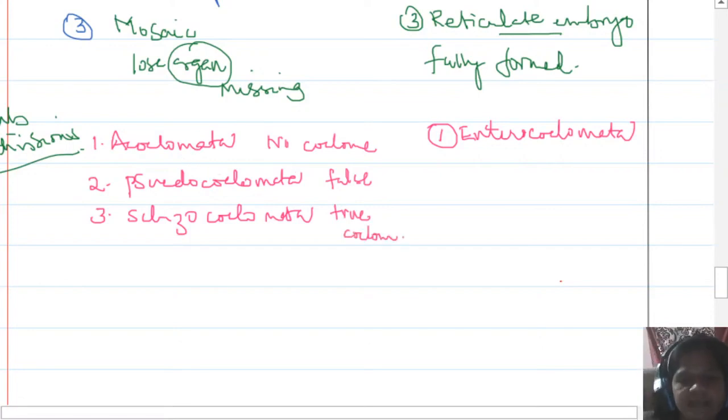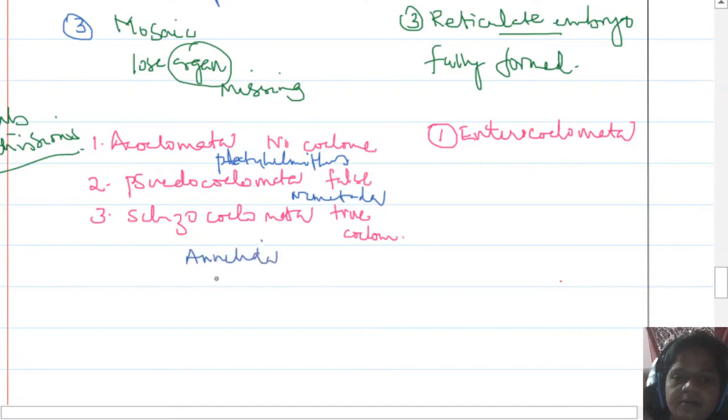And the phylum that comes in here is Platyhelminthes, Nematoda, and here the phyla we see are Annelida, Arthropoda, and Mollusca.